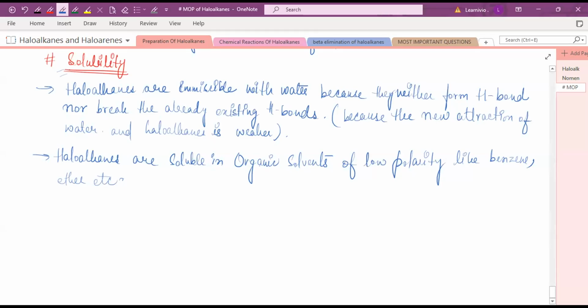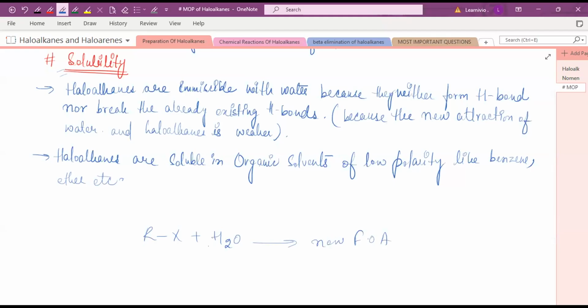Sometimes a question may come: why are haloalkanes immiscible with water, when they are polar in nature? Write down this. When you dissolve the haloalkane RX in water, a new force of attraction comes into play between water and RX, which is much weaker than the hydrogen bonding between water molecules.